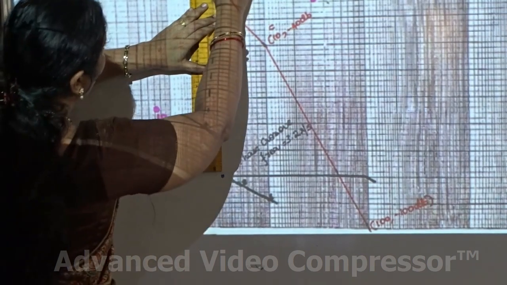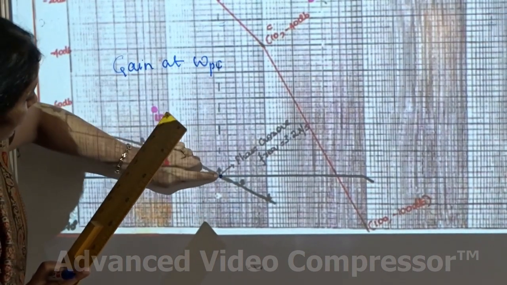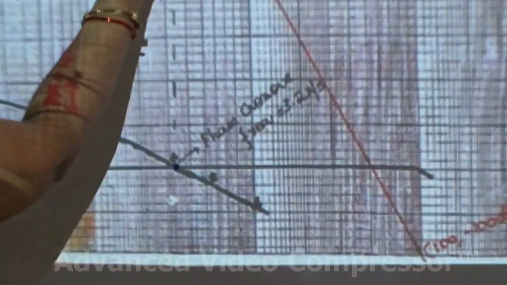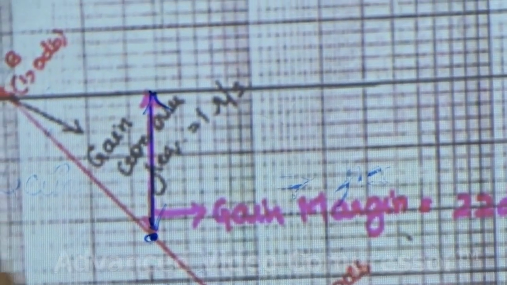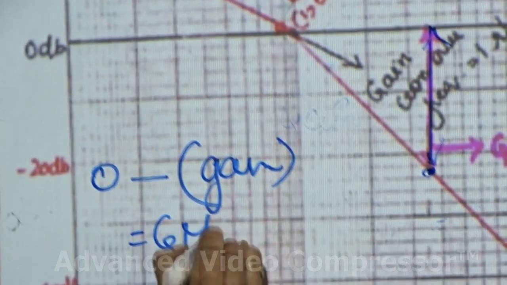At that point, whatever gain we are getting, see, I've put a dotted line going up. From this point, the difference from 0, minus of whatever gain you get, is called the gain margin.